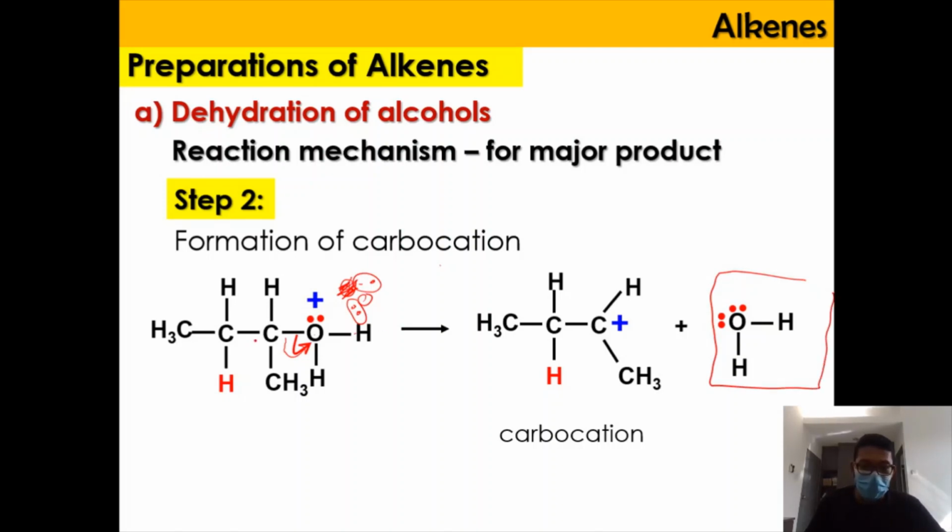And here, because it breaks apart, it's going to get a positive sign because usually the carbon has 4 bonds, right? But now it only has 3 bonds, so it's going to carry a positive charge because the formal charge is 4 minus 3, which equals plus 1. Okay, so this is step number 2, which is the formation of the carbocation.